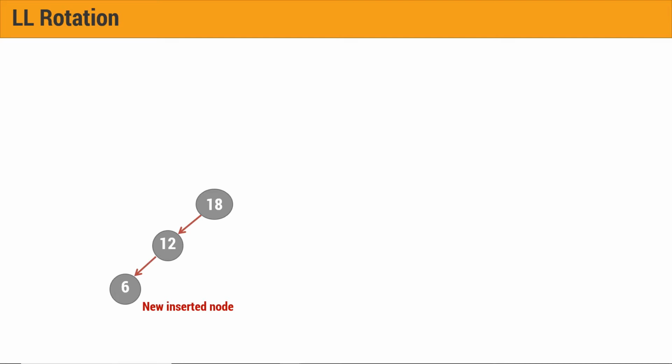Now we find the balance factor of 6, that is 0, of node 12, that is 1, and of node 18, that is 2. So here the balance factor is violated. We have to see from which side the new node is inserted. It is inserted on the left side of 18 and the left side of 12. So here LL rotation is required.